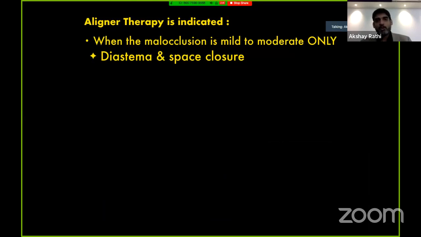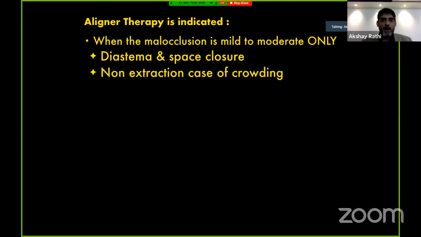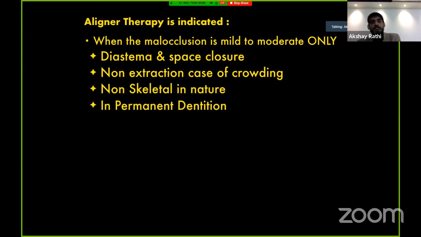For example, all cases which do not require extraction, which are cases of space closure, which are non-extraction cases of mild crowding. And the third indication which I would like to share with you is the cases which show relapse, having been treated with orthodontics few years back or at a different place or discontinued treatment.